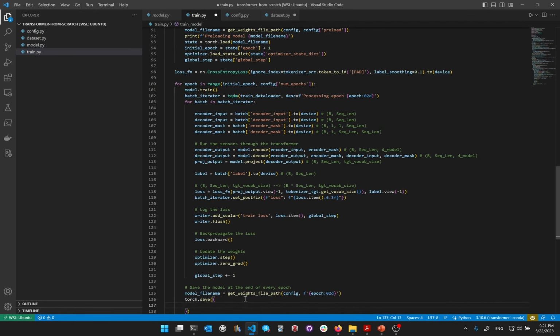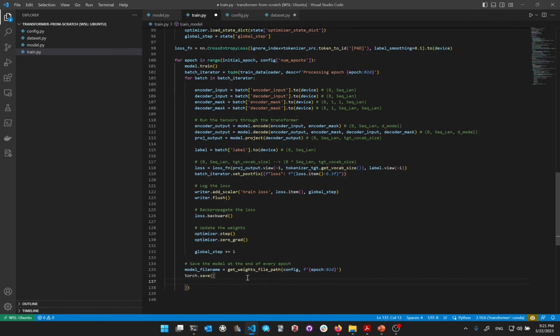It is a very good idea, when you want to be able to resume the training, to save not only the state of the model but also the state of the optimizer, because the optimizer also keeps track of some statistics, one for each weight, to understand how to move each weight independently.